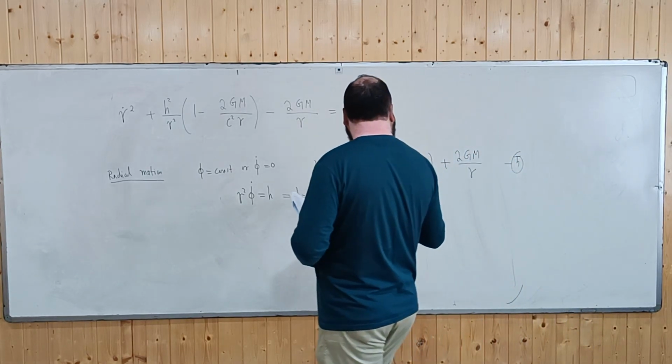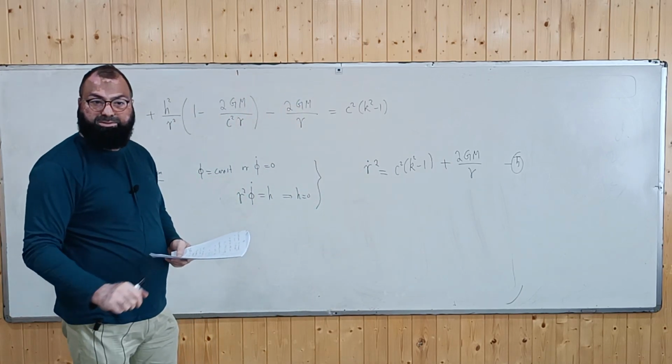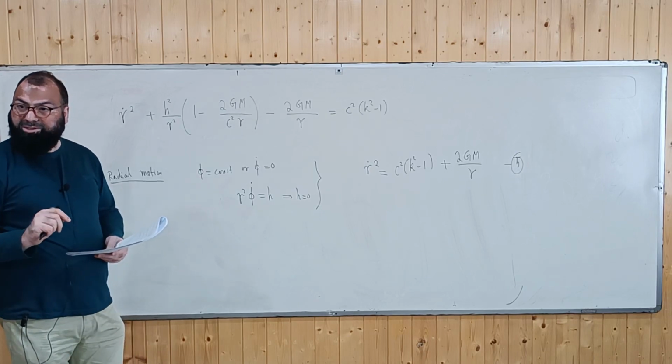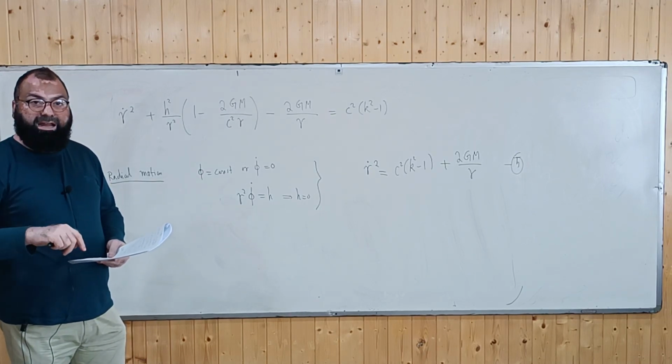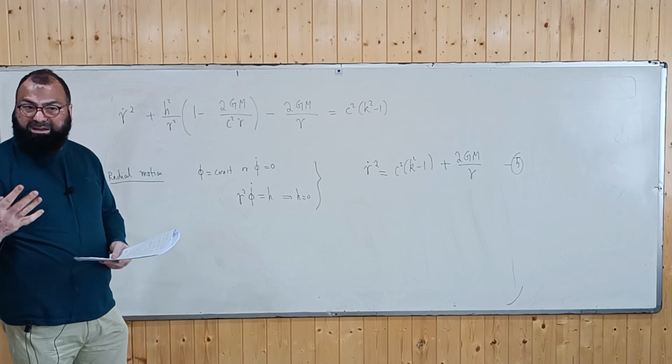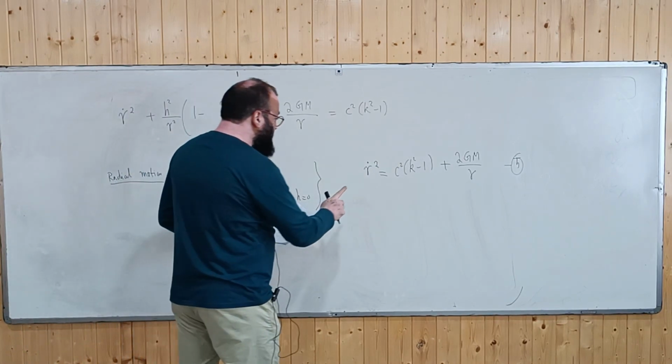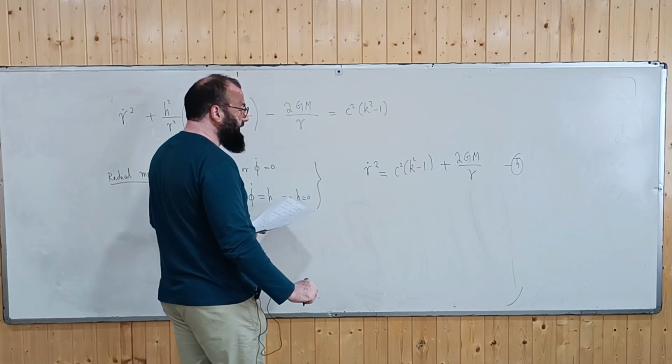Now let's differentiate this equation with respect to our parameter. Since we are dealing with time-like geodesics, the parameter that parameterizes the curve, the trajectory, is the proper time. So let's differentiate with respect to the proper time.